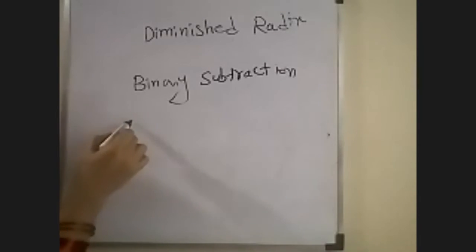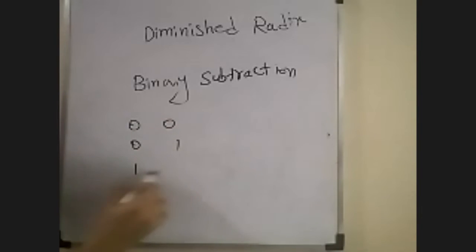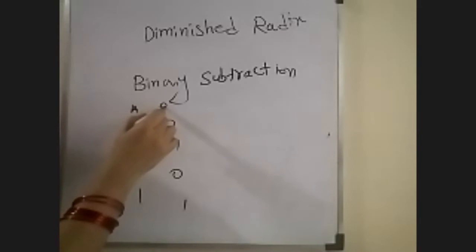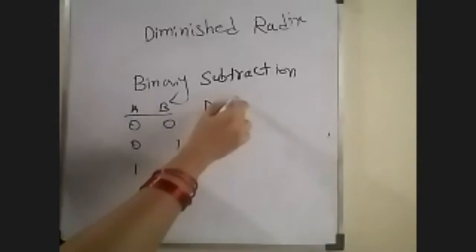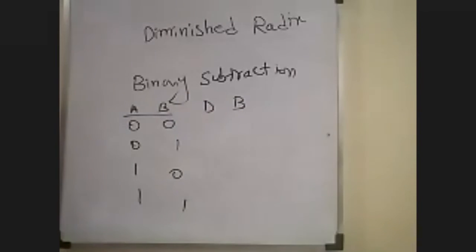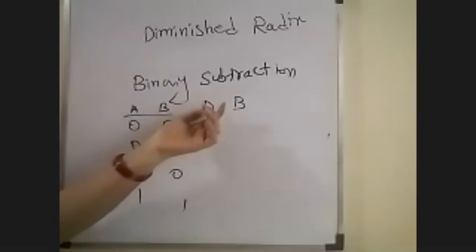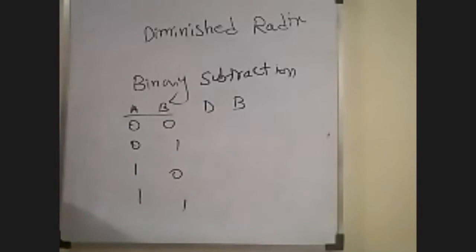So 00, 01, 10, 11. This is the A value, this is the B value. And here the difference and borrow. Normally in addition we get sum and carry. In subtraction we take difference and borrow, right?